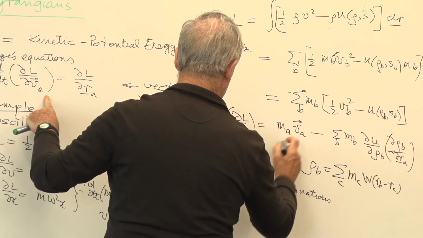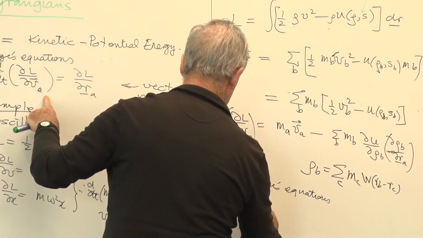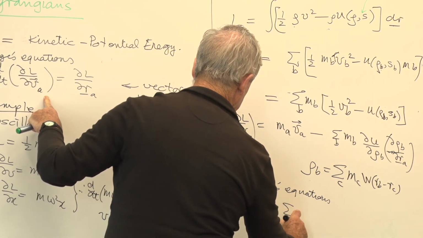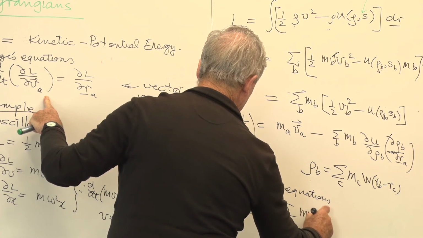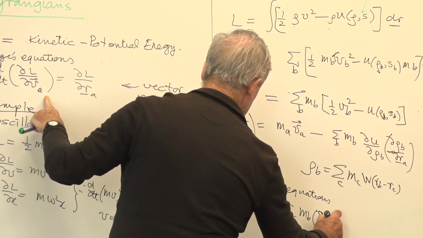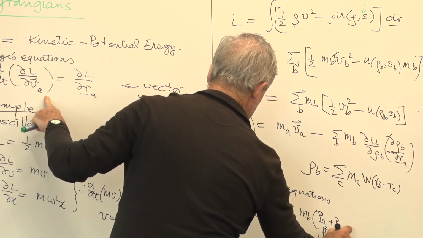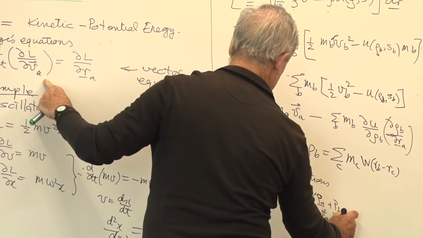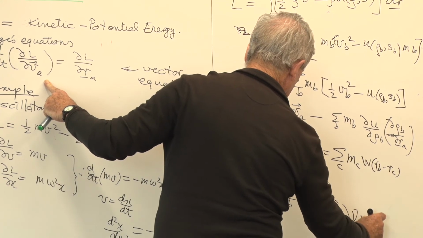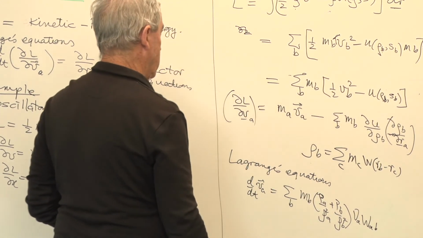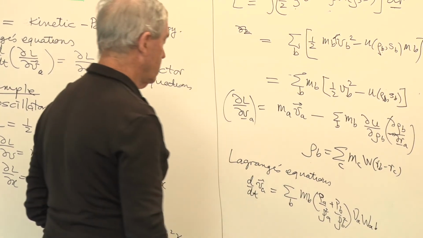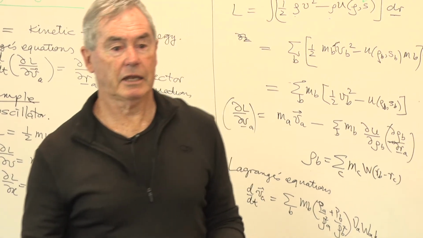They give you d/dt of v_a, I've cancelled out m_a, is equal to the sum over b, m_b, P_a over rho_a squared, plus P_b over rho_b squared, and a gradient term, because these derivatives show up in the derivatives of that, which is what we had before actually.